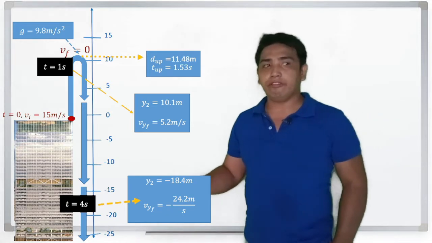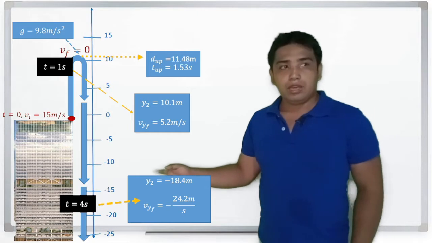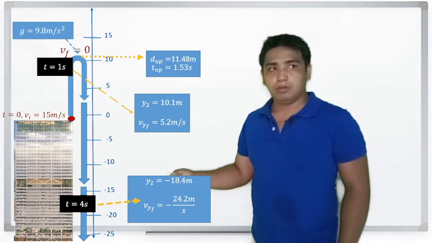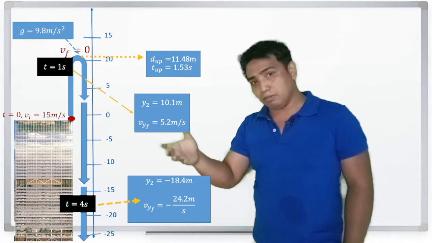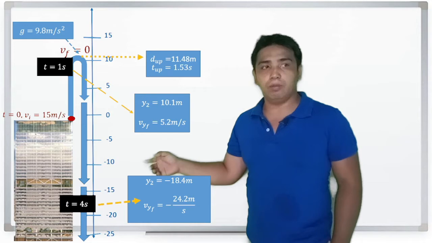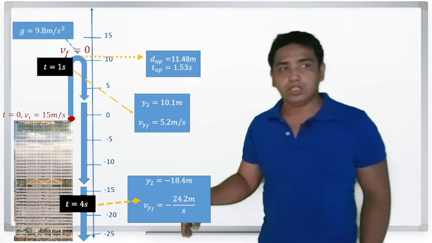After 4 seconds, it has traveled negative 18.4 meters with respect to your position, which is the top of the building. And the velocity is negative 24.2 meters per second, directed away from you, towards the earth.